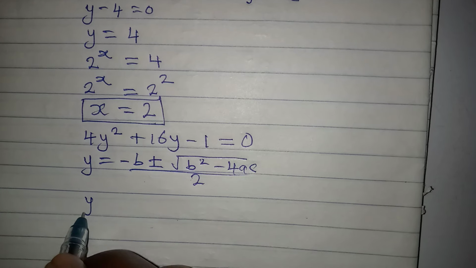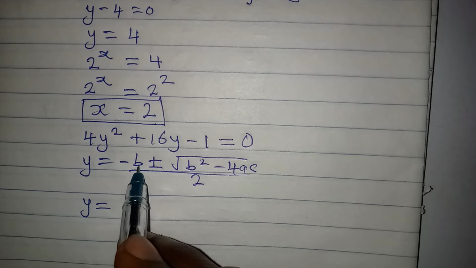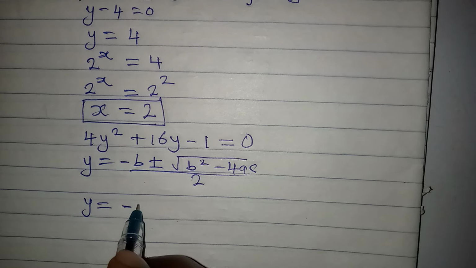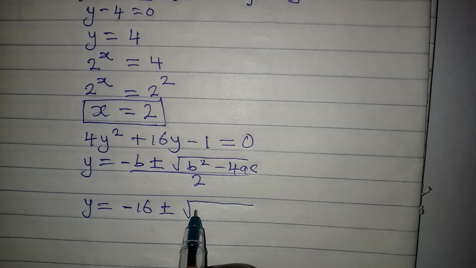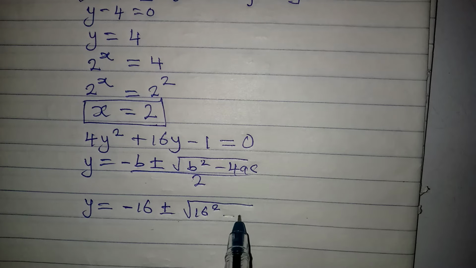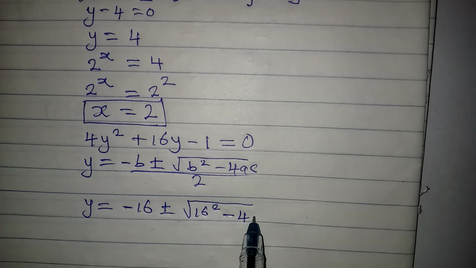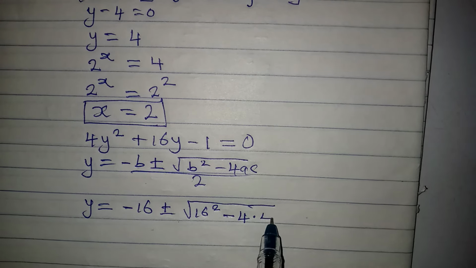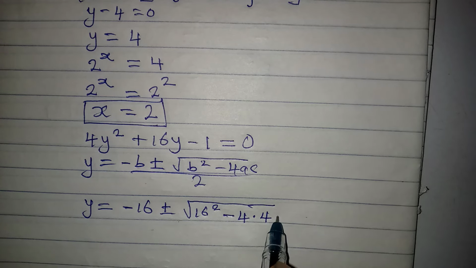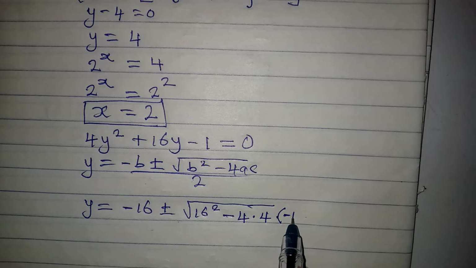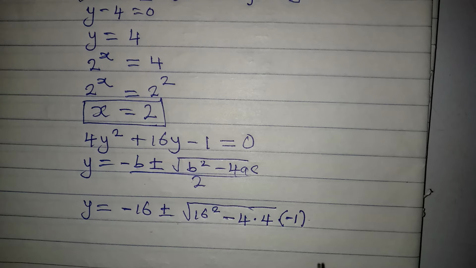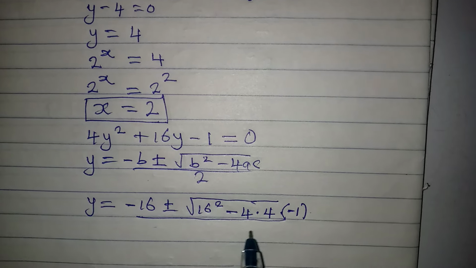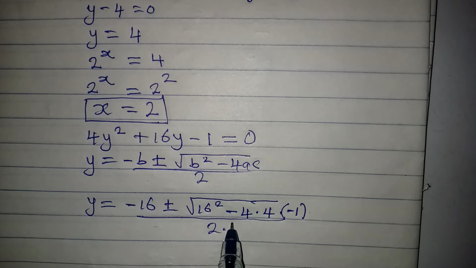Now let's keep going. Our y now will be equal to, b is 16, so I write minus 16 over here, plus or minus, then here we still have 16 squared minus 4 times a is 4, then times minus 1, because our c is minus 1. So the whole of this will be over 2 times 4, right?